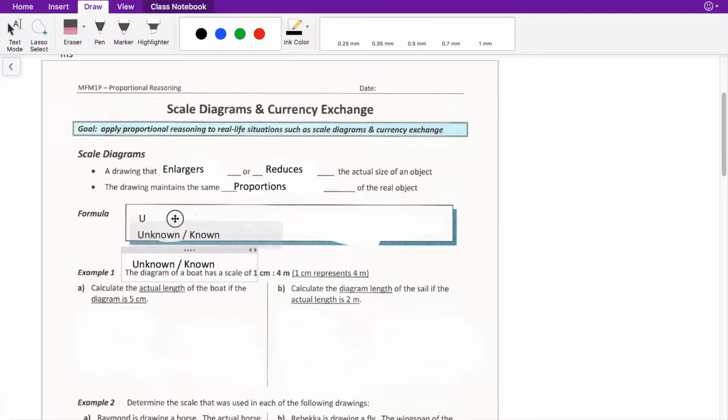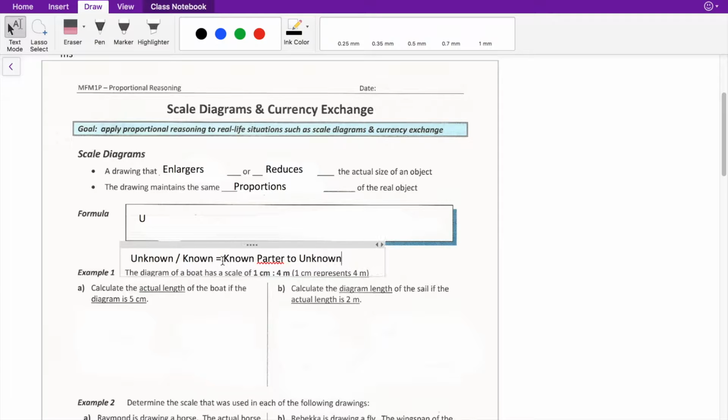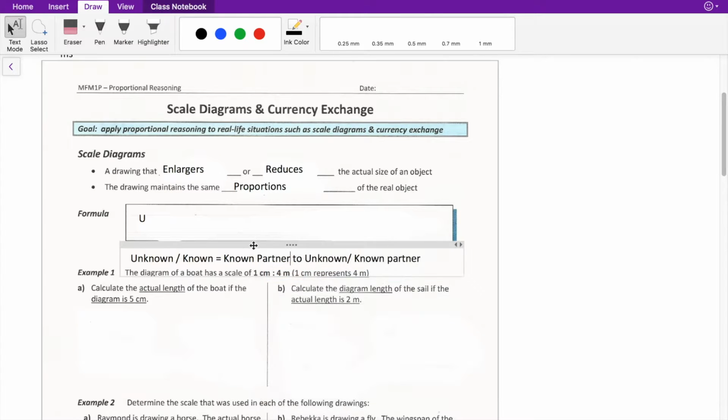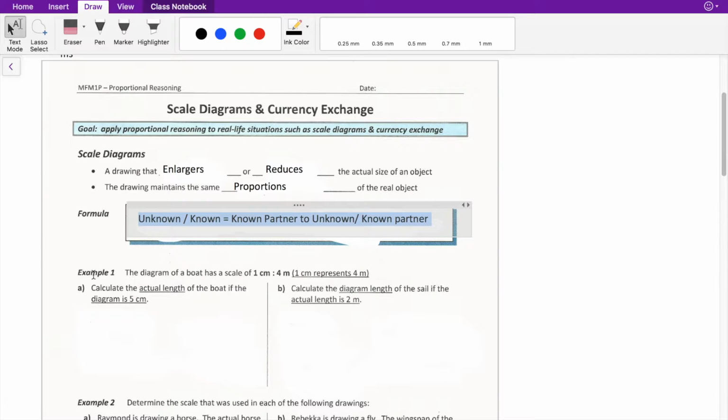I'll line this up here. Then I'm going to make that equal to the known partner to my unknown over the known partner. This seems really confusing right now, but once you start working through it, it'll all make sense.